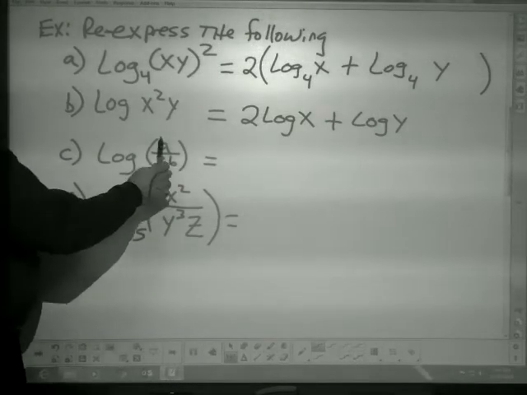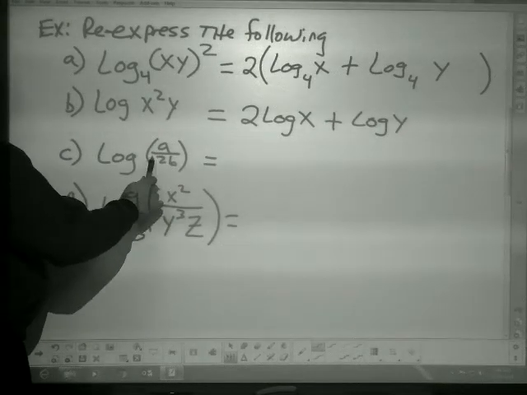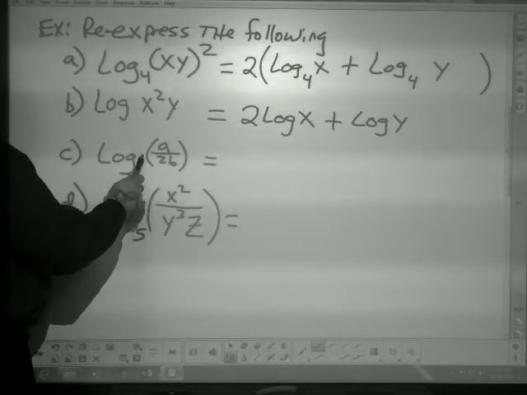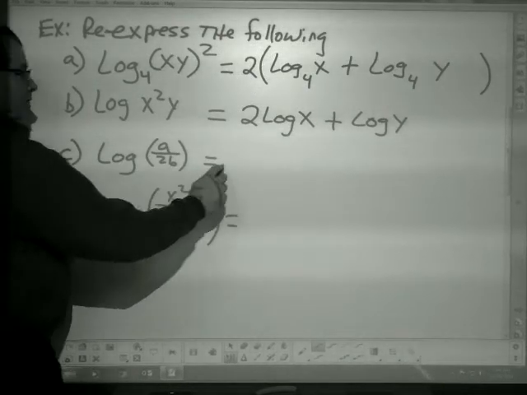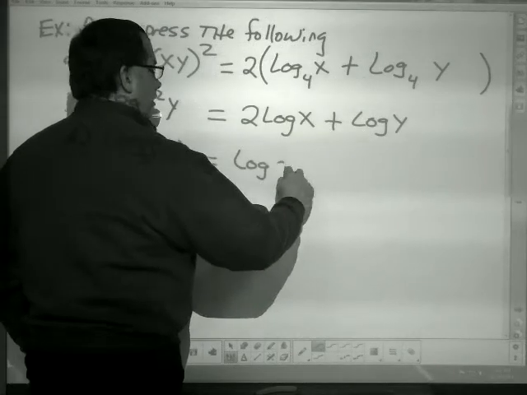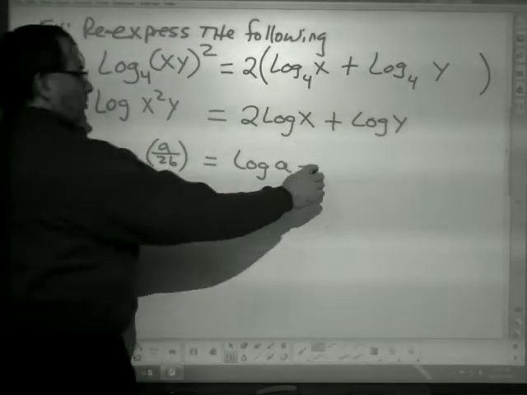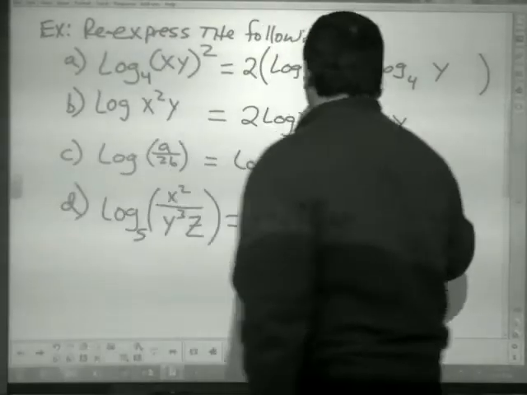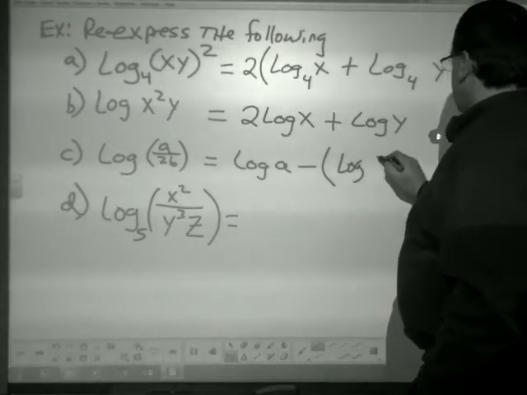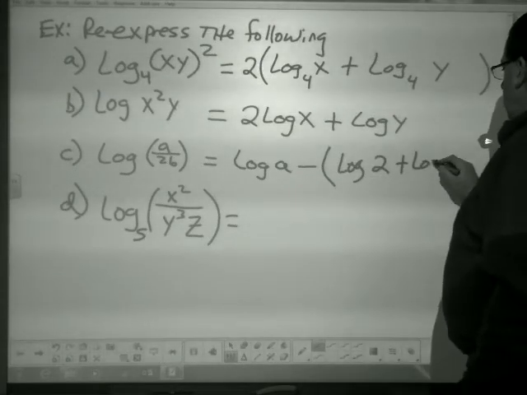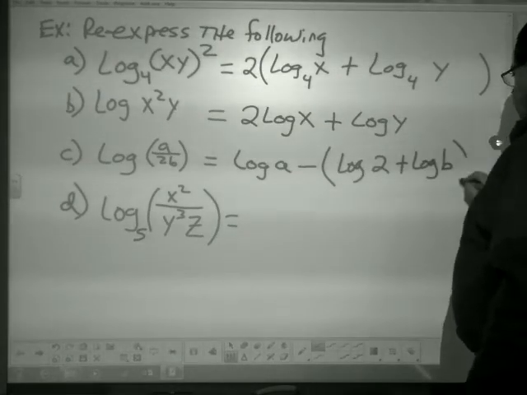What do we have here? We have a division with a multiplication on the bottom. Division turns to subtraction, so the log of the top part minus this whole thing. So I'm going to put this in parentheses: log of 2 plus log b.